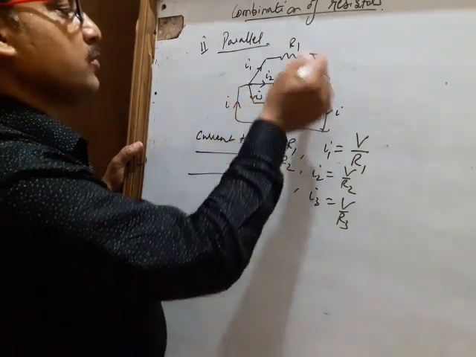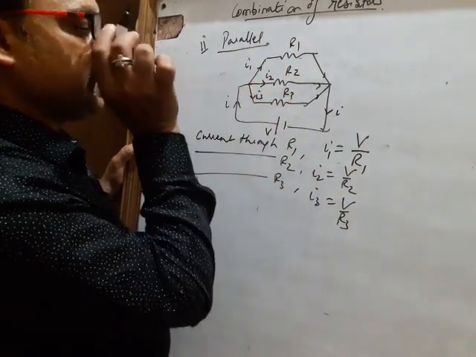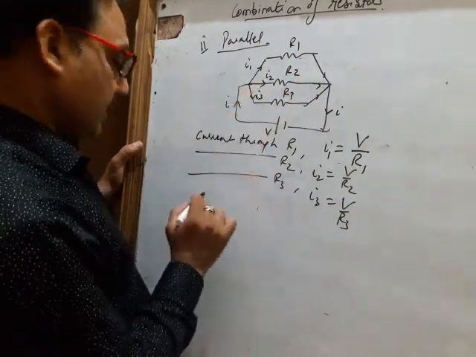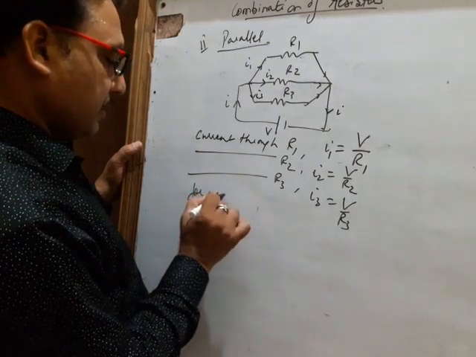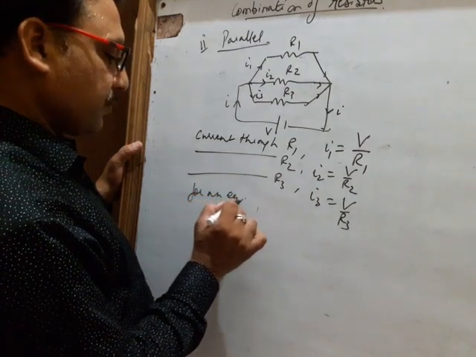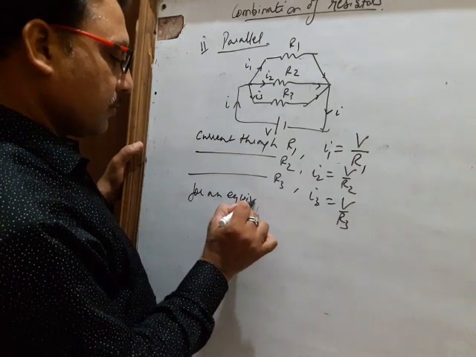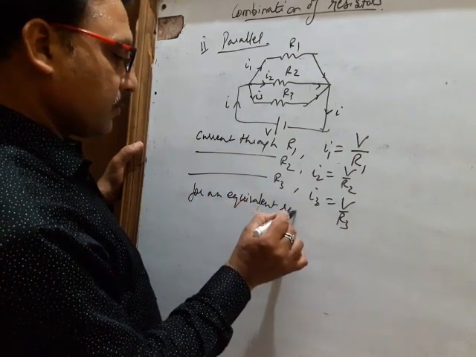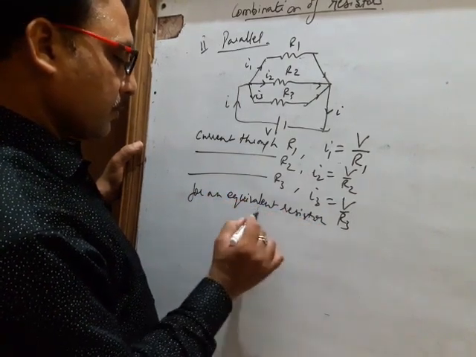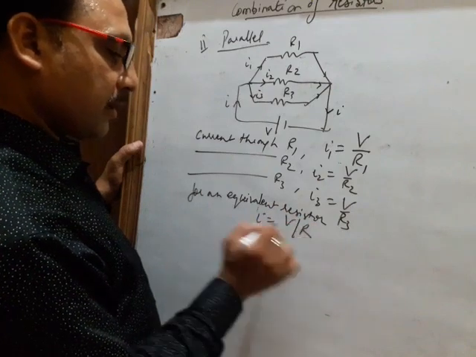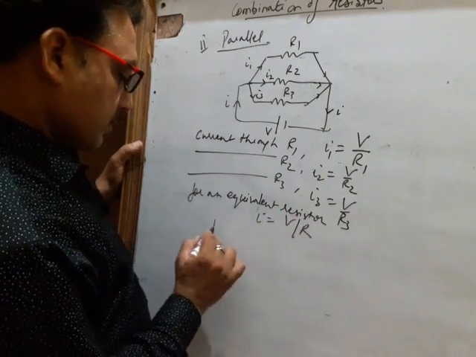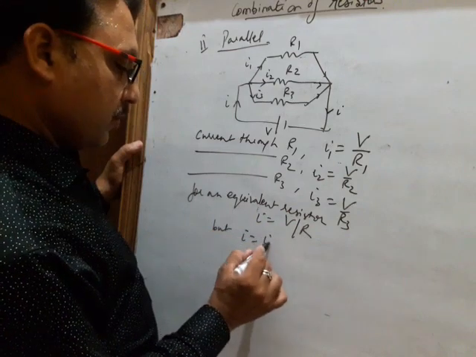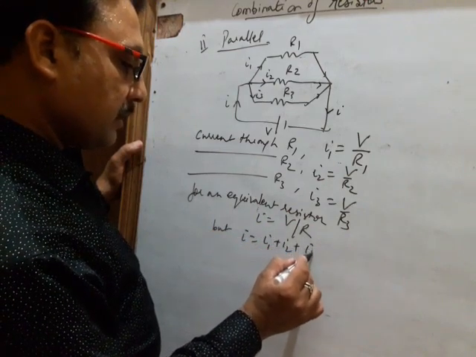Now if I replace all 3 resistors by a single resistor, what shall be the current through that? For an equivalent resistor, I equal to V upon R. But what is I? I equal to I1 plus I2 plus I3.